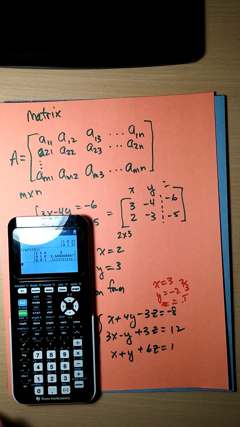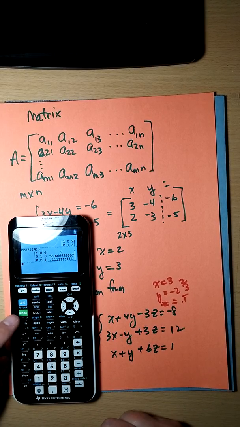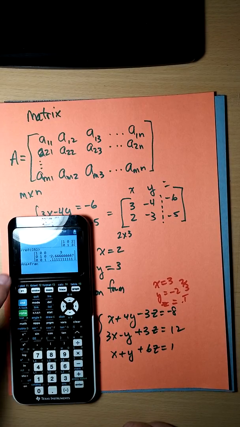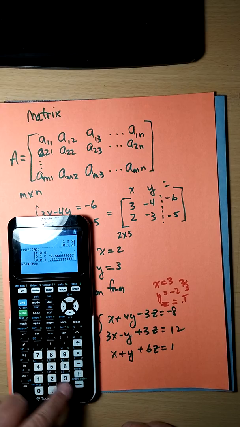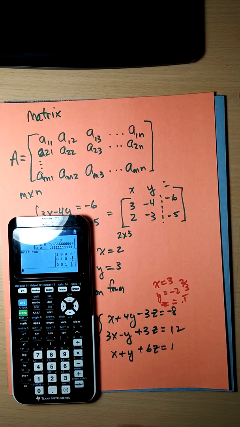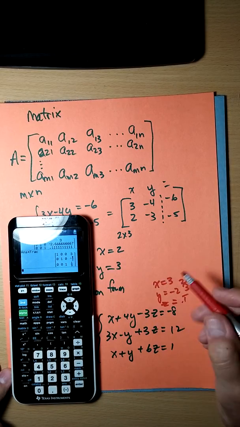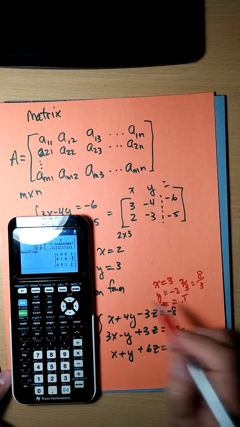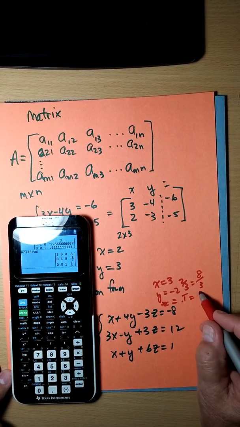Repeating. Now, if you want this to be fractions, you can do that. Do math and this frac thing. It'll take the answer and change it to fractions. So you get the 8/3, that's an improper fraction, and the 1/9 is the 0.1 repeating.